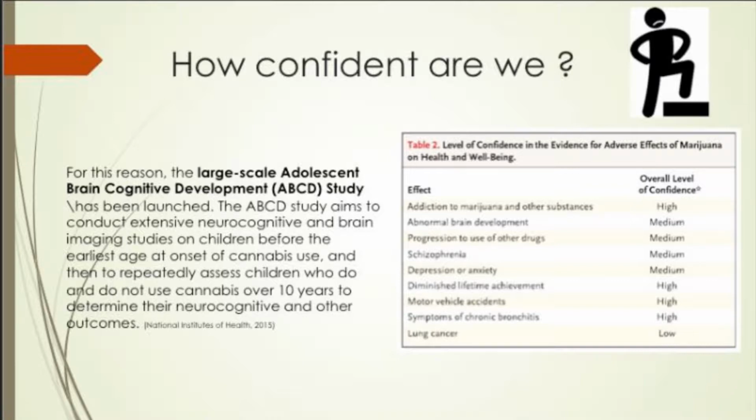She just had those words there. So this brings up the question: we need a longer study. And this is where the ABCD study was launched in 2015, aimed to follow these kids for 10 years and see any changes in their neurocognitive and other outcomes.